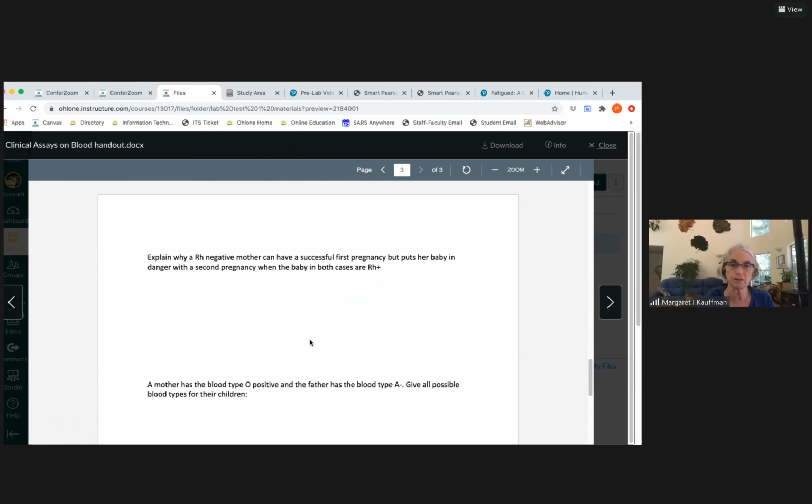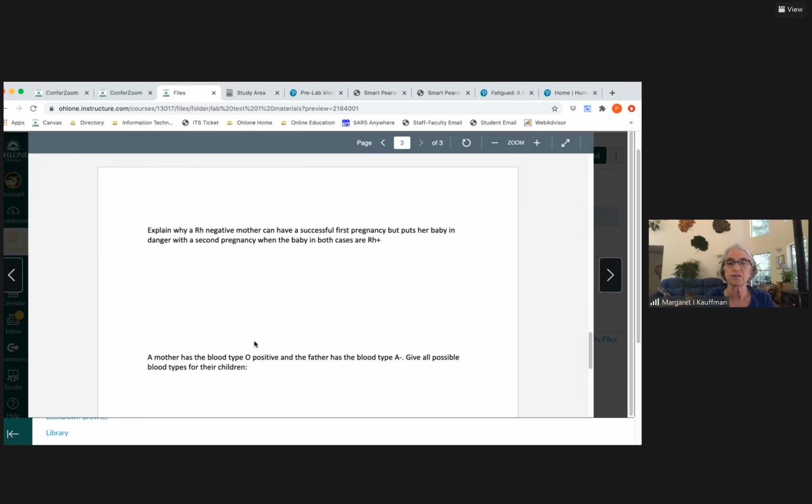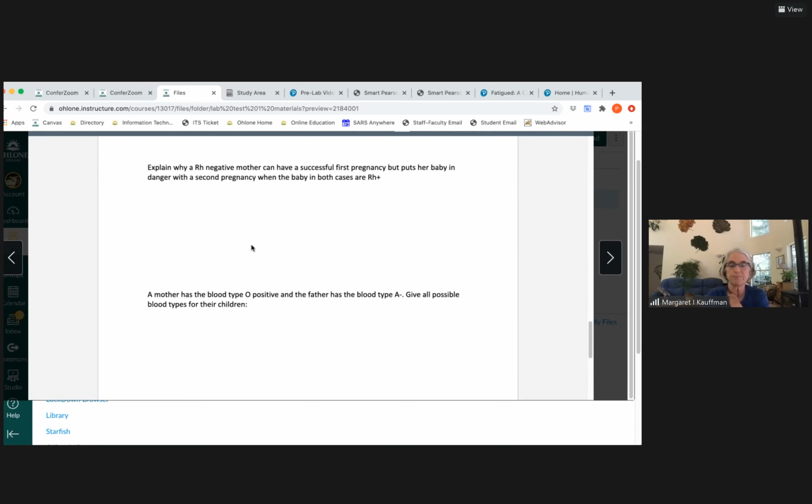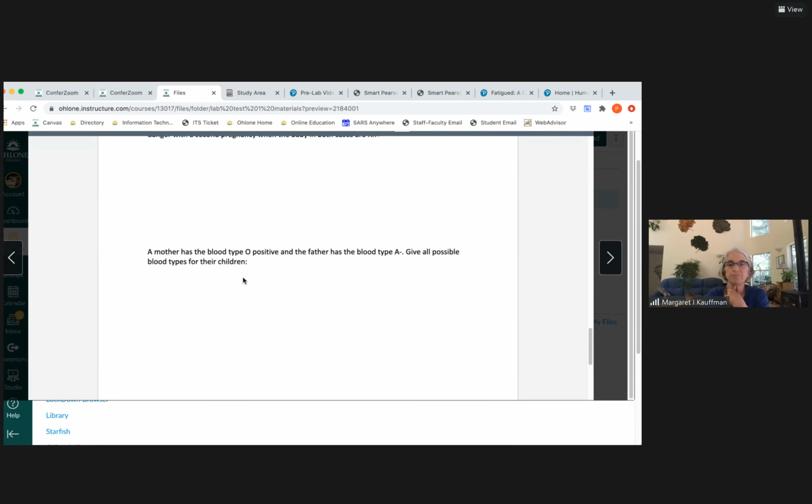And then I just explained this: why an Rh negative mother can have a successful first pregnancy, but has the baby at risk if it's an Rh positive baby in a second pregnancy. And then finally, coming up with blood types. So I give you a mom and a dad here, and then I ask you to list all the possible blood types of their children.